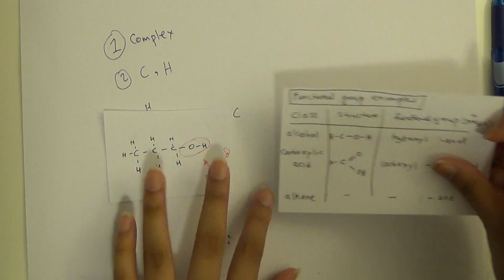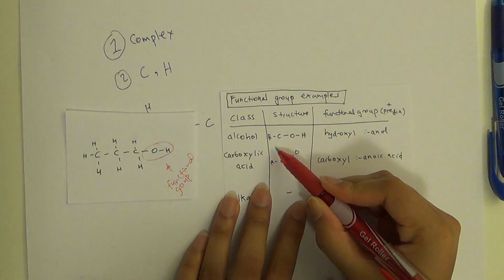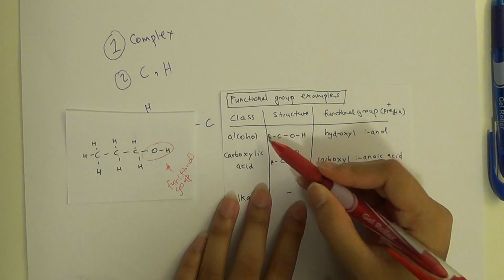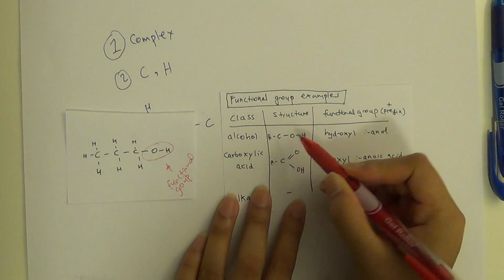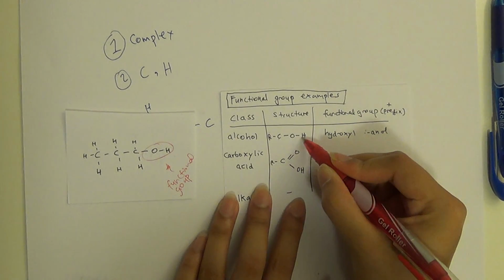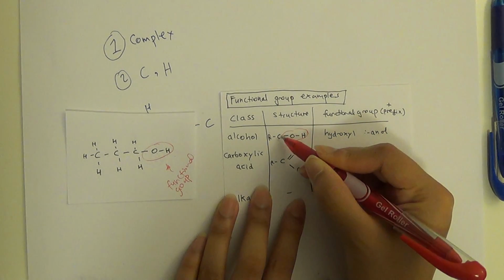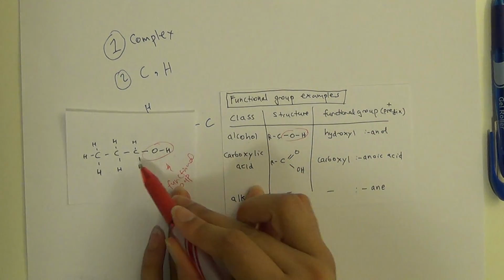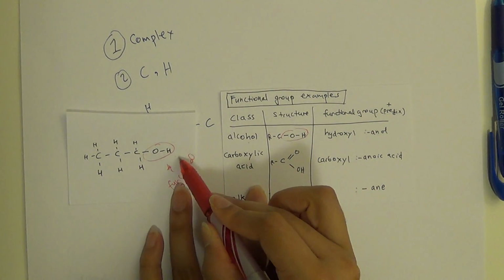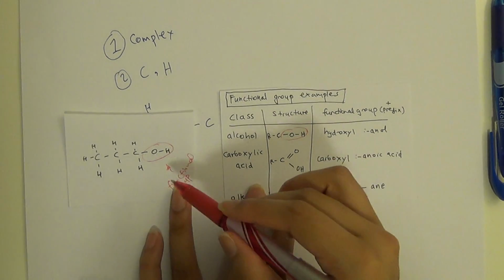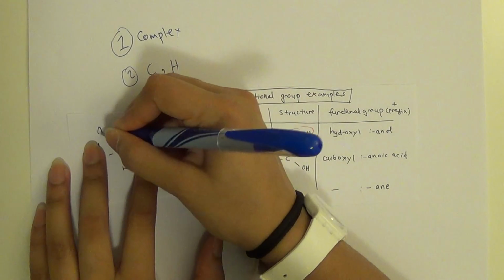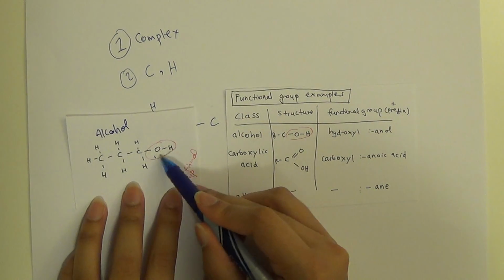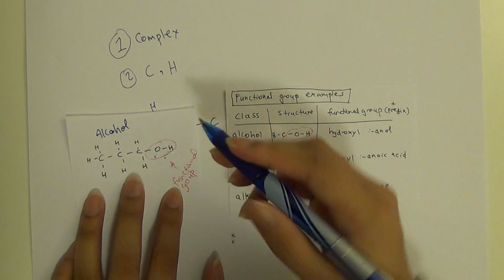So for example here, I've written out the rest of the organic compound bonded to the carbon, bonded to an oxygen, bonded to an H. Carbon bonded to oxygen, bonded to hydrogen, is an alcohol. So I'm just going to write that here. This is an alcohol, and the functional group itself is called hydroxyl.